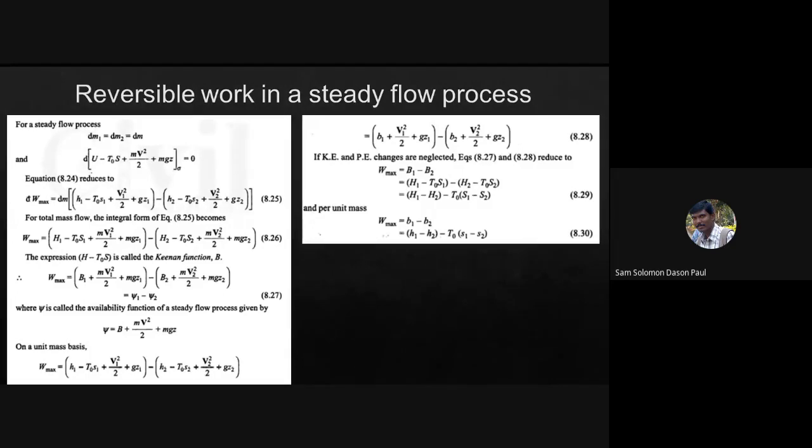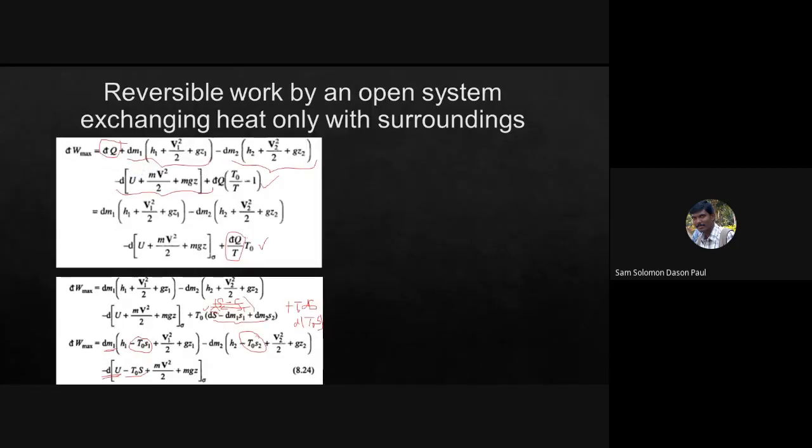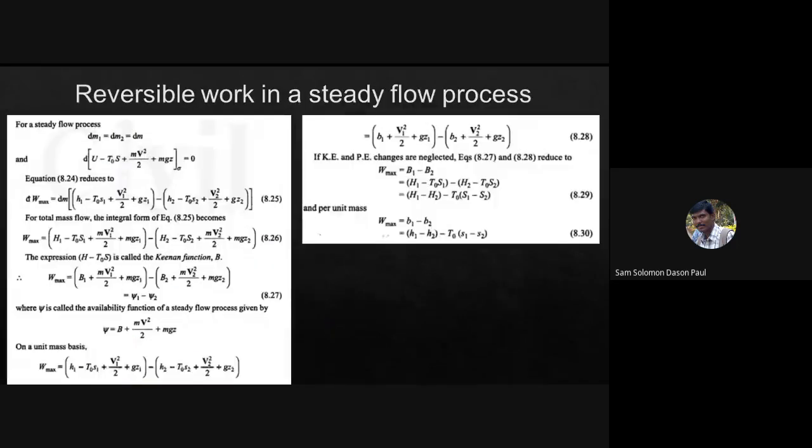If you look at the previous equation, this last term, d of u minus t naught s plus mv squared by 2 plus mgz, becomes zero. There is no energy stored in the device. Whatever mass is entering the system is going to leave the system.